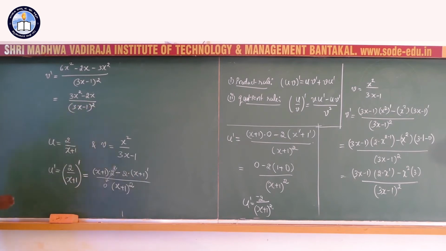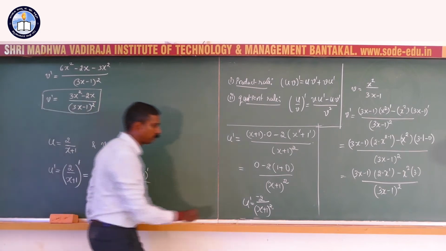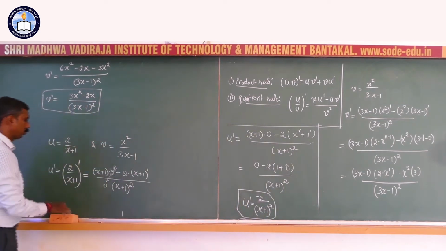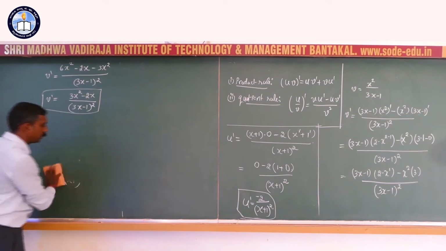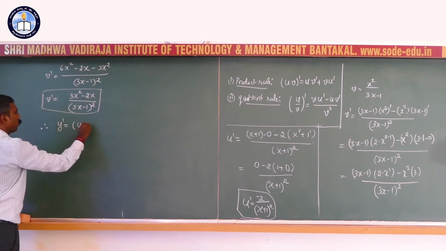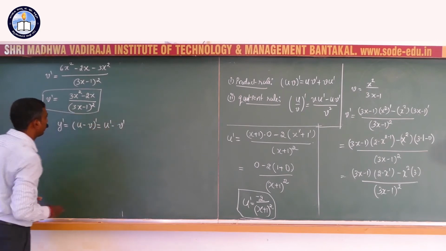So, now we have expression for v dash as well as for u dash. So, let us compute y dash now. Y dash, which is equal to u minus v whole dash, is nothing but u dash minus v dash.